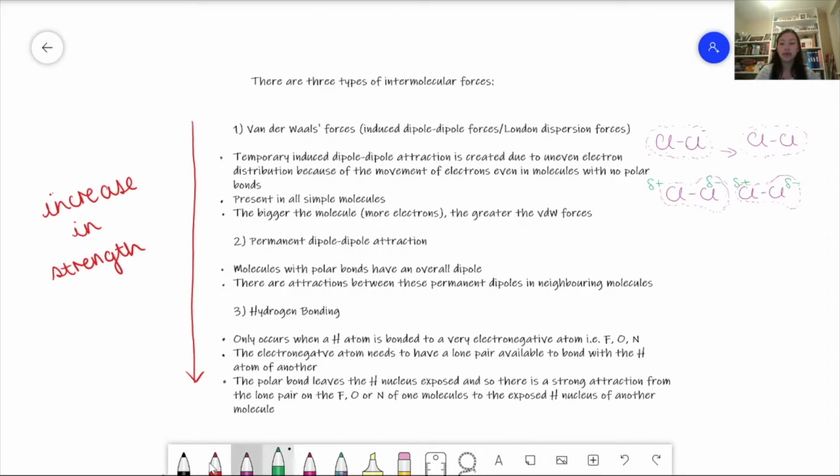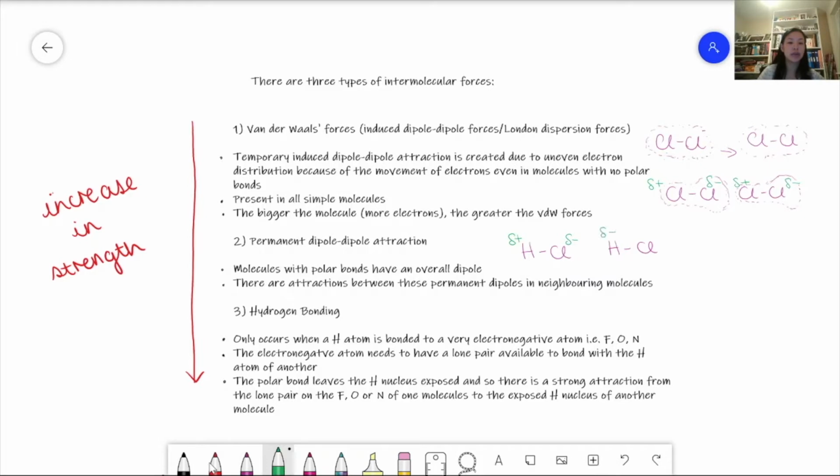So, for example, if we had hydrogen chloride, and then we had another hydrogen chloride. Chlorine is a lot more electronegative than hydrogen, so that would get the partially negative charge, and the hydrogen would be partially positive.